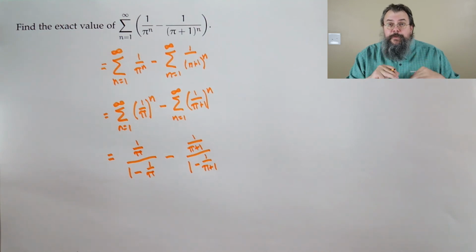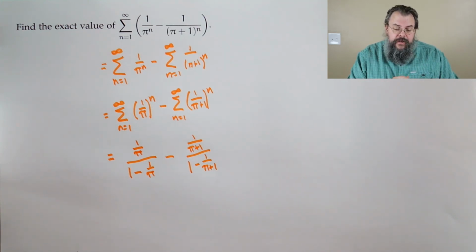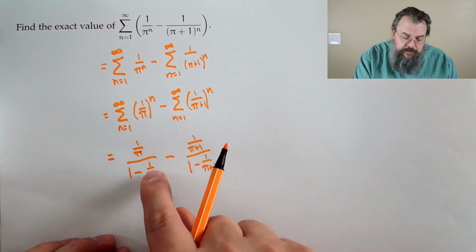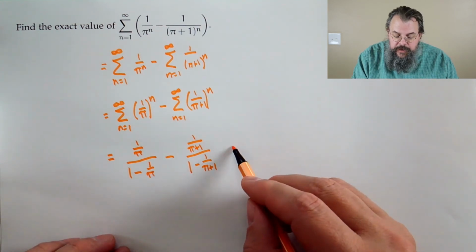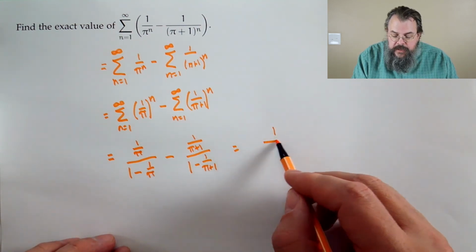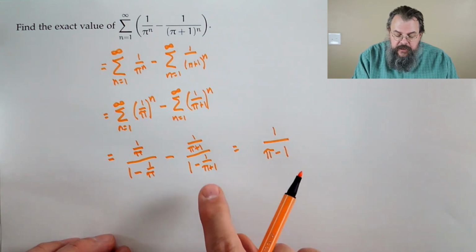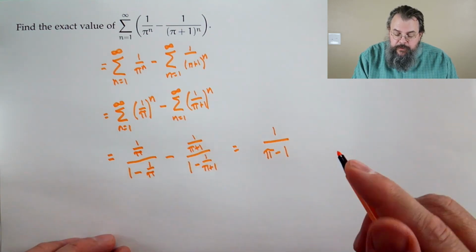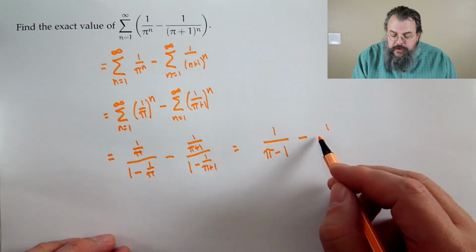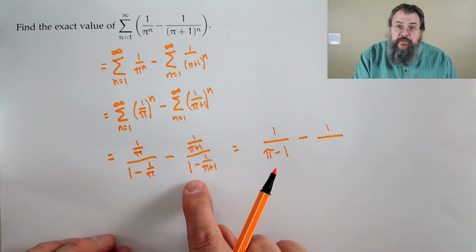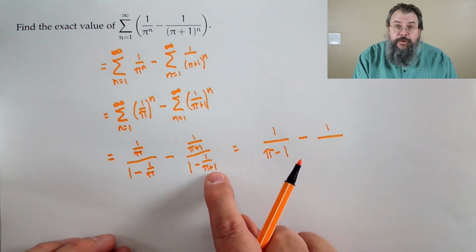So the formula holds. Now in the first case, we can multiply top and bottom by pi. And if we did that, we'd have 1 over pi minus 1. Here, multiply top and bottom by pi plus 1. You have 1 over pi plus 1 minus 1.